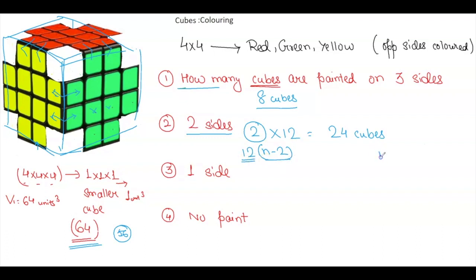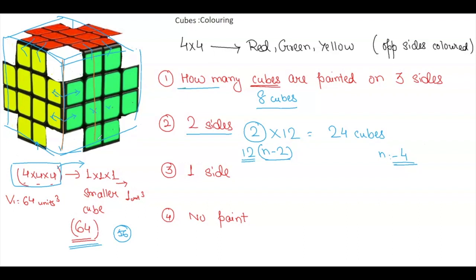Now what is n here? Remember we wrote this larger cube as 4 cross 4 cross 4. If I break this into 1 cross 1 cross 1, there are essentially 4 smaller cubes on one line of a plane. The total number of smaller cubes that appear on this line is nothing but the value of n.